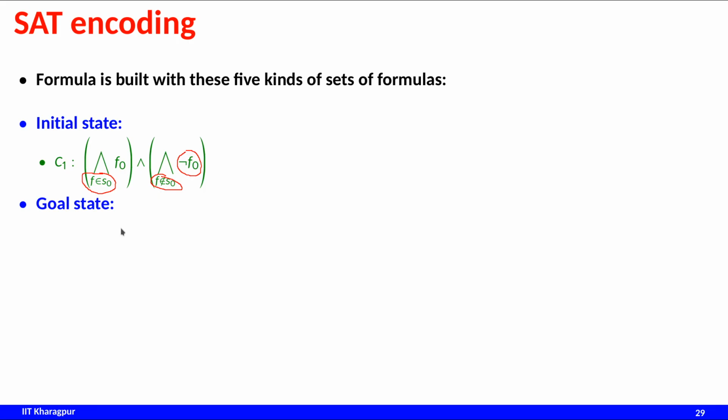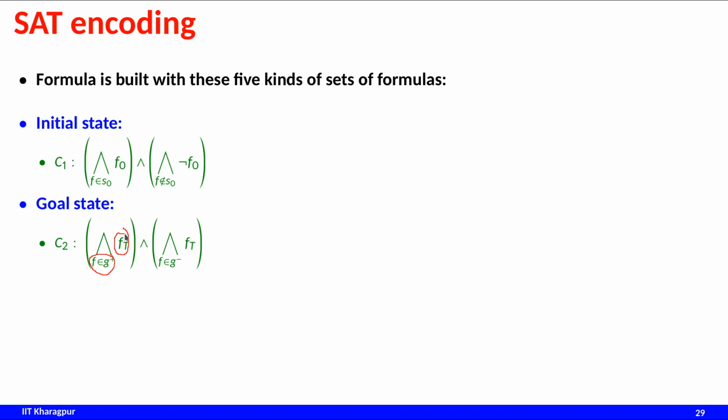For the goal state, it will be similar. The only thing is that whatever clause has been specified will be added at the level at the time step t, because we are looking for a solution up to depth t time steps.